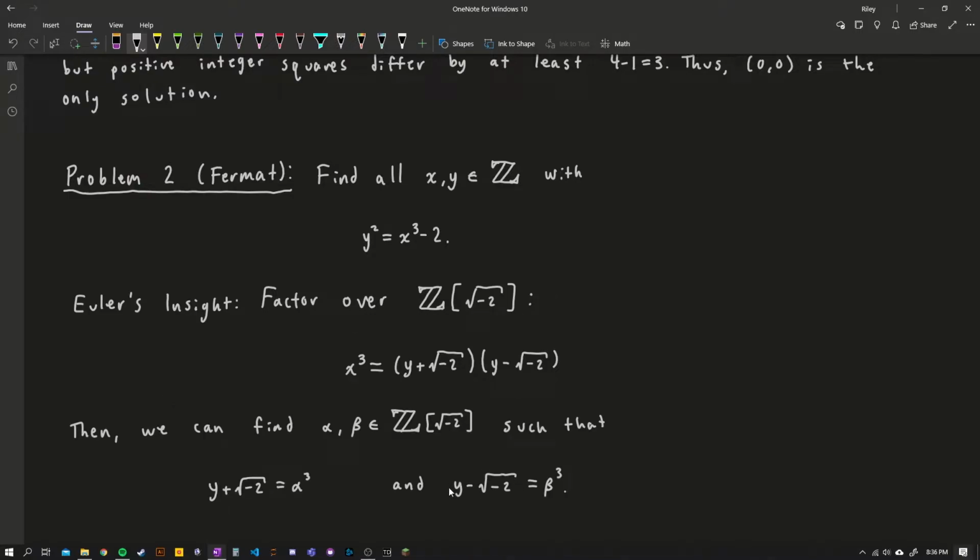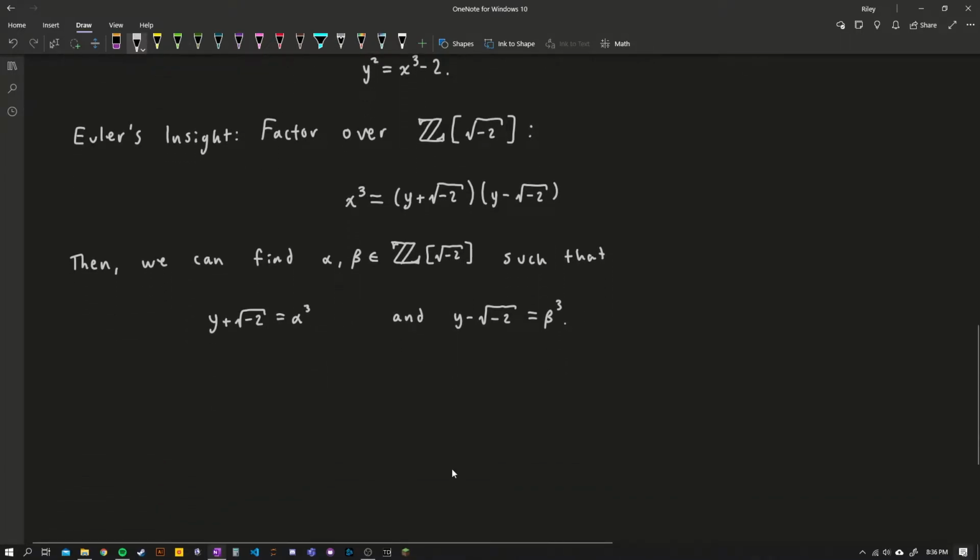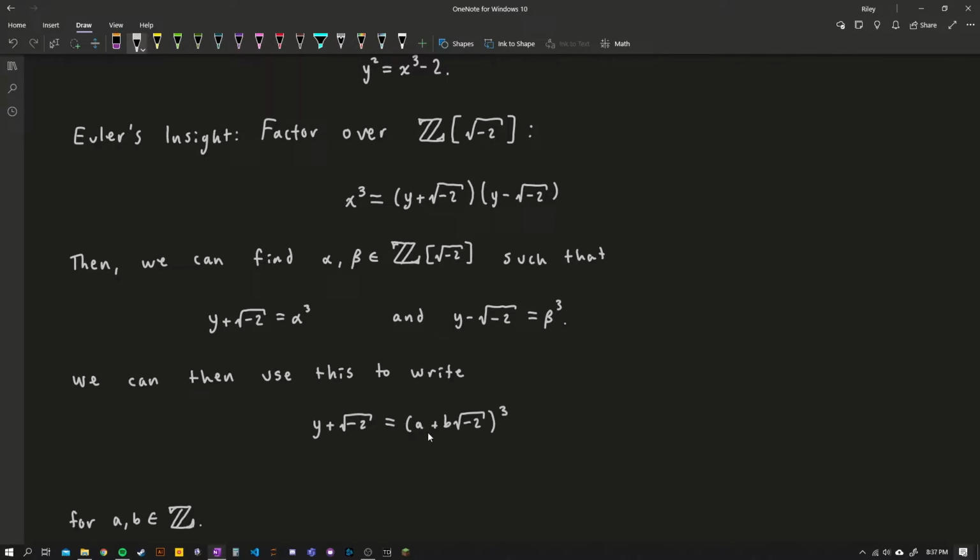Then we can use this fact to write y plus the square root of negative 2 as a plus b times the square root of negative 2, quantity cubed, where a and b now are just normal integers. If we expand out this cubic term, we get this.